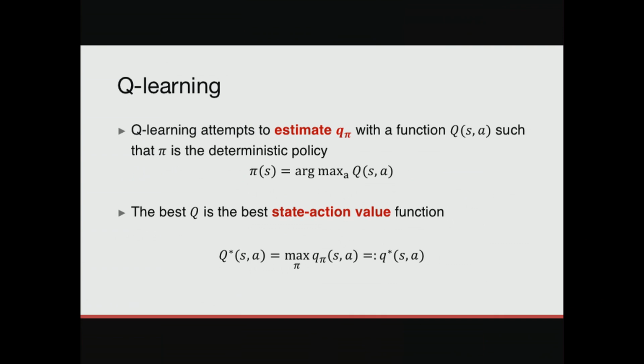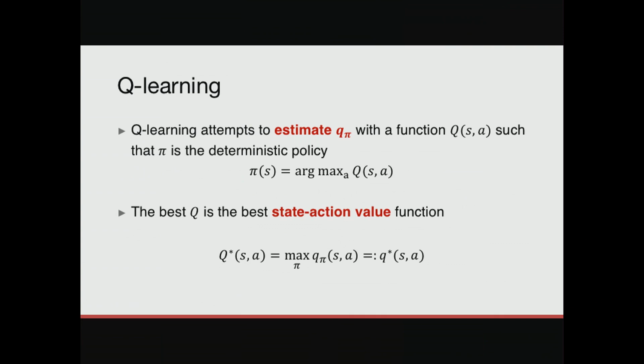Maybe it's more obvious if we look here. So Q, I said before, was the value of starting in S, taking action A, and then following policy pi. Okay? This is defined by the decision process itself. The best pi, the best policy, is the one that has the highest Q. And this is what we call Q star. Okay?